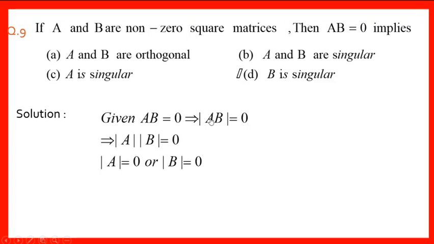According to the property, the determinant of a product is the product of the determinants of each matrix. So we get determinant of A into determinant of B is equal to 0. This implies that determinant of A is 0 or determinant of B is 0. When determinant of A is 0, A is singular, and when determinant of B is 0, B is singular. Which is given in option number B. So that's why option B is the correct one.